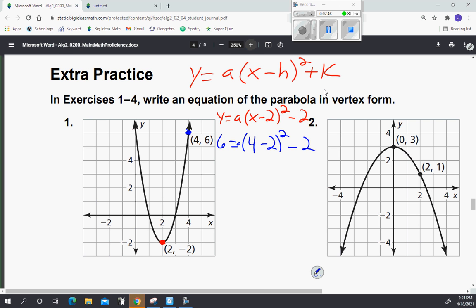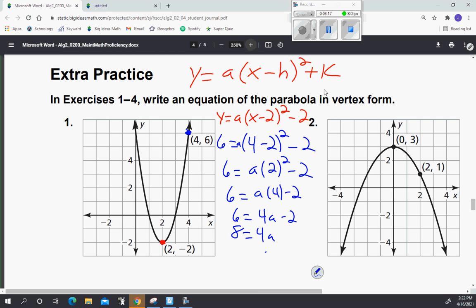Okay, we have a out front. Sorry, I almost missed that a. That's very important. We need to solve for that a. So we get 6 equals a times 2 squared minus 2. Keep going, we get 6 equals a times 4 minus 2. I'm going to rewrite this so it looks a little nicer. 6 equals 4a minus 2. Add 2, we get 8 equals 4a.